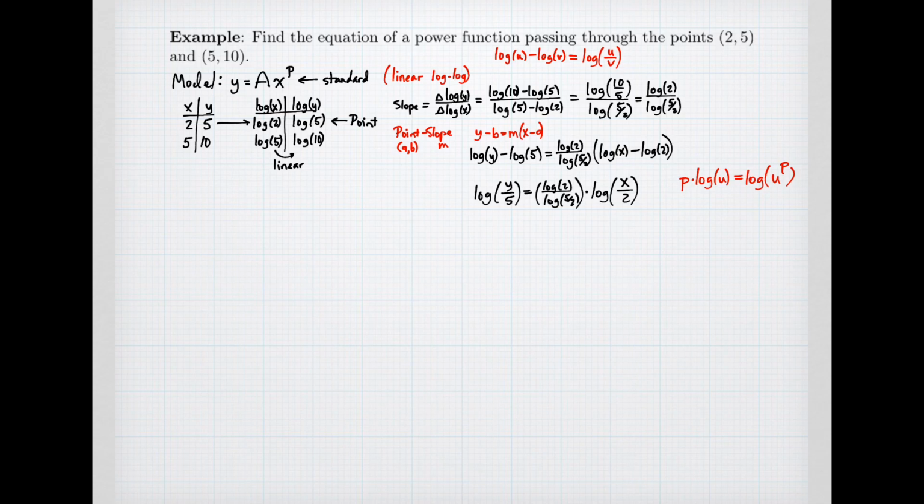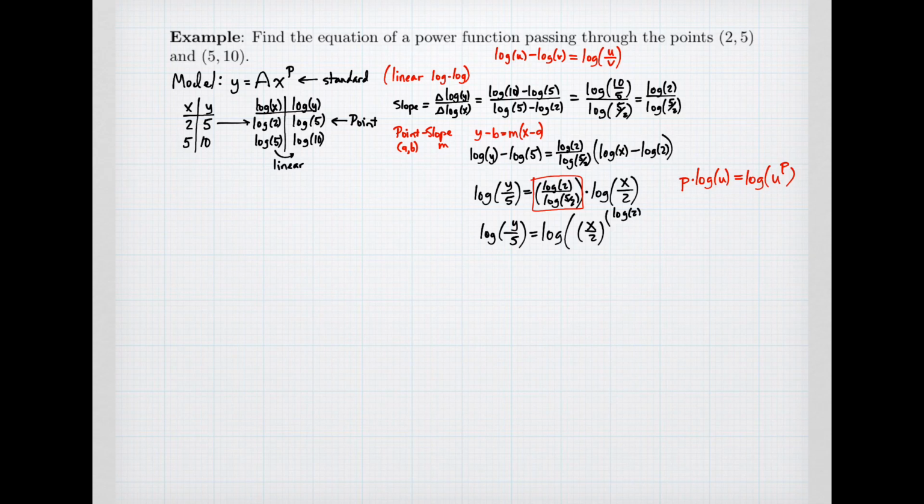So I'm going to take this number that we found from the slope and put it inside the logarithm. So I get the logarithm of y over 5 is now equal to the logarithm of the quantity x over 2 raised to this power.